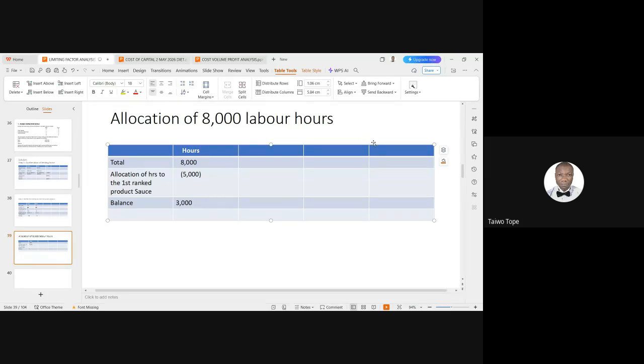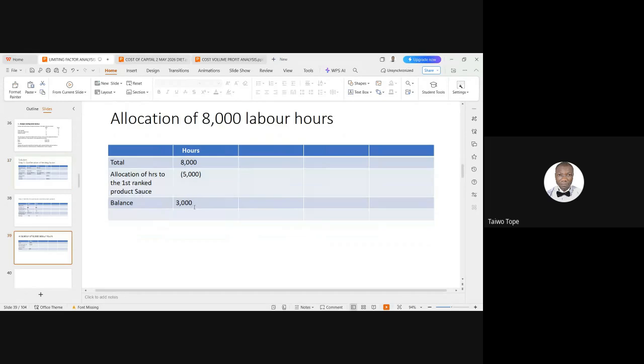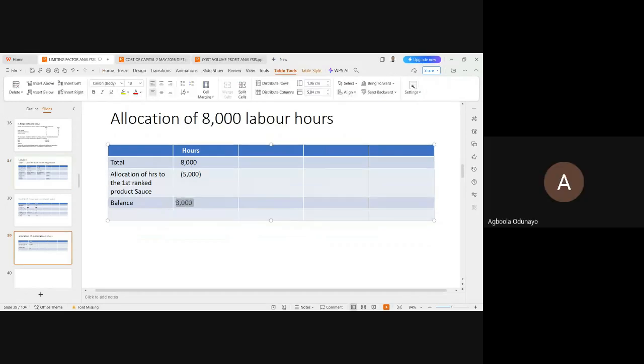Now, how many hours do you need to produce mesh? From our computation, we need 6,000 hours, right? So how many hours do we have as balance? 3,000 hours. It's not going to be enough.